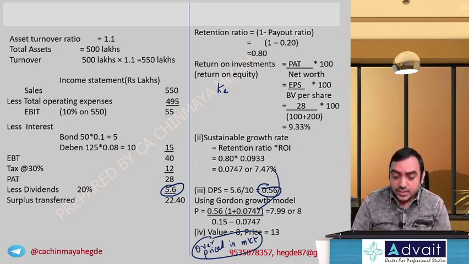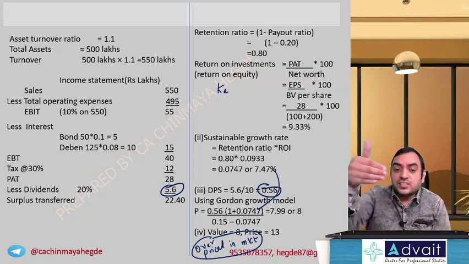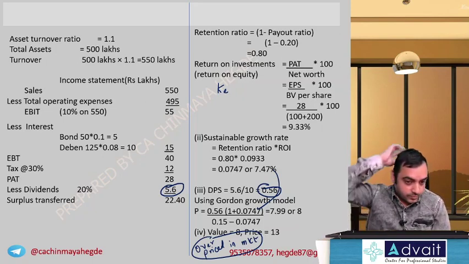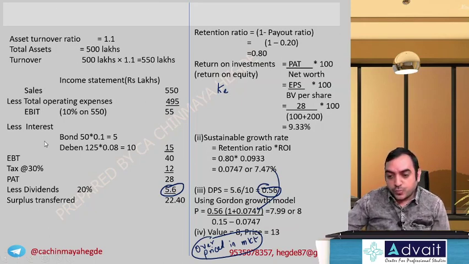Terminal value is the present value from that point onwards, and then we discount it further. So ultimately we get today's value. Okay. So hope everybody was able to get this one.